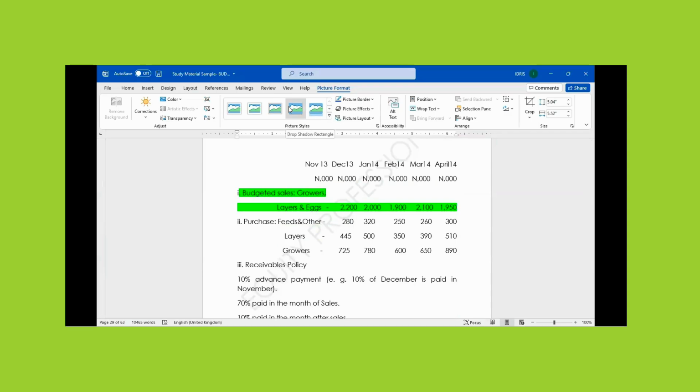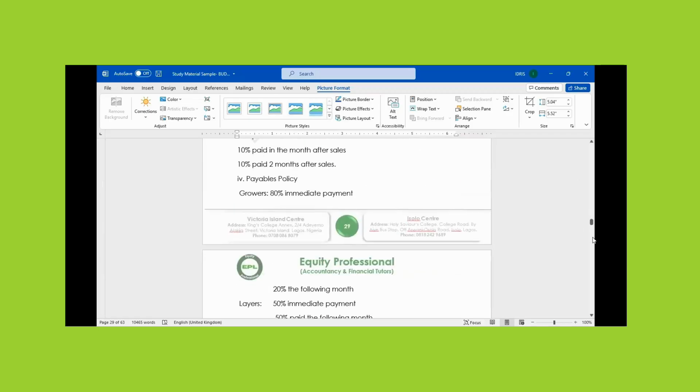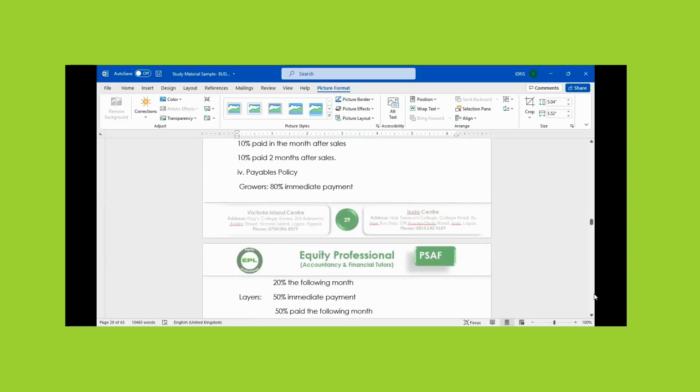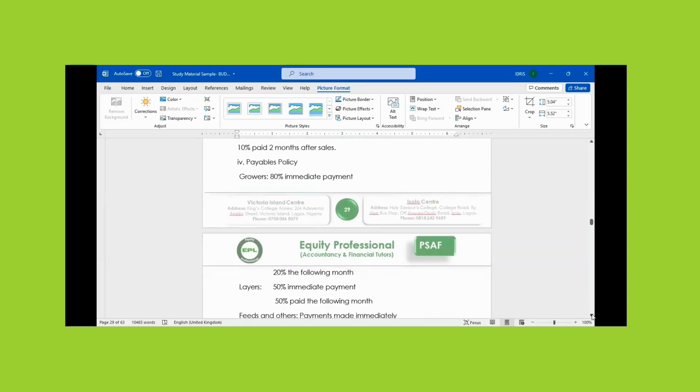How much is feed and others? 280. But what you are showing is 220, and that's for sales. Can you scroll down a bit? Feed and other payment made immediately. Yes, they can see it now.